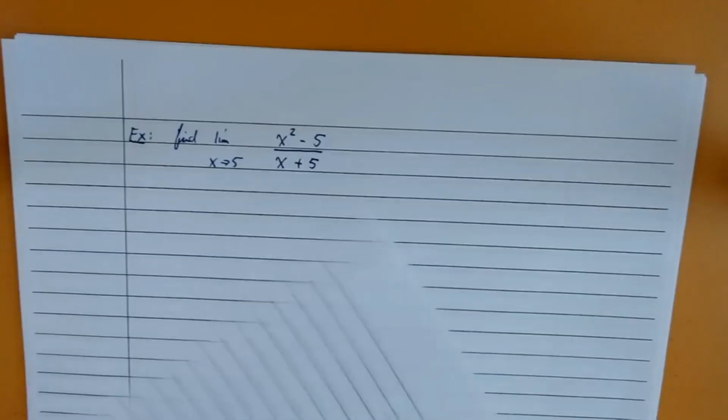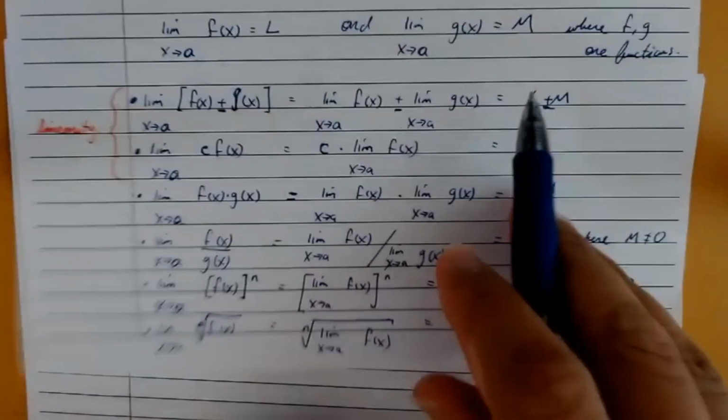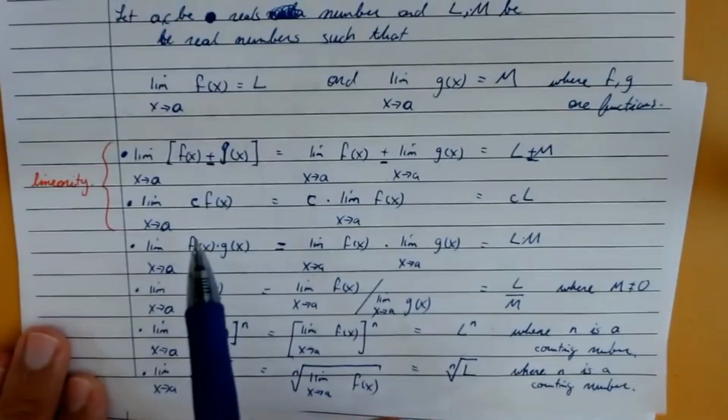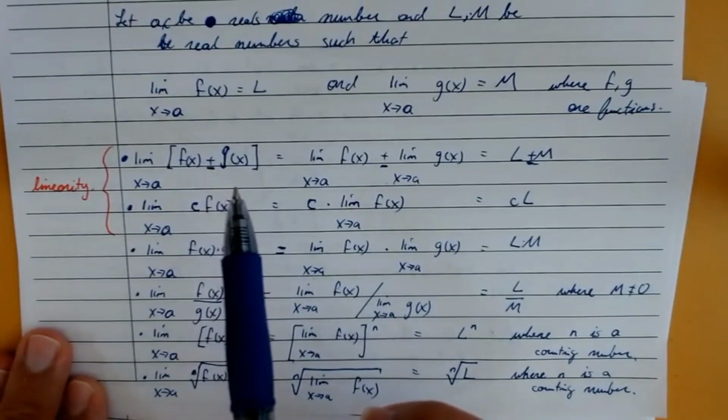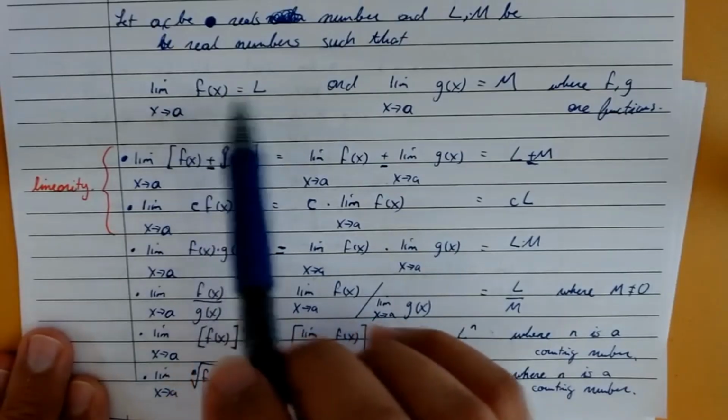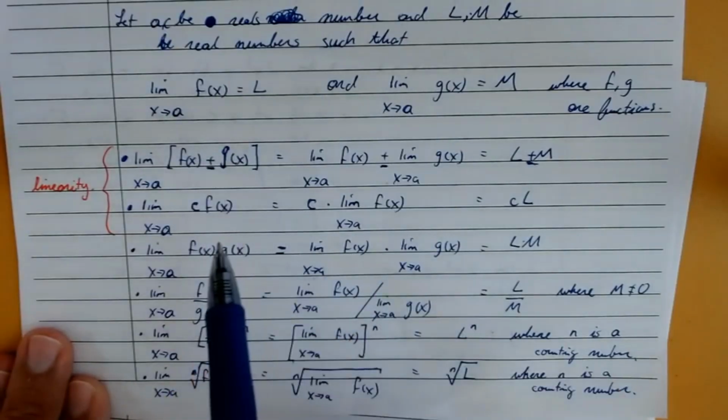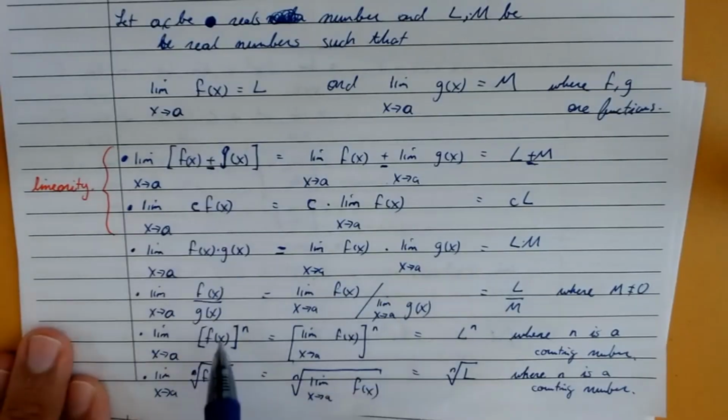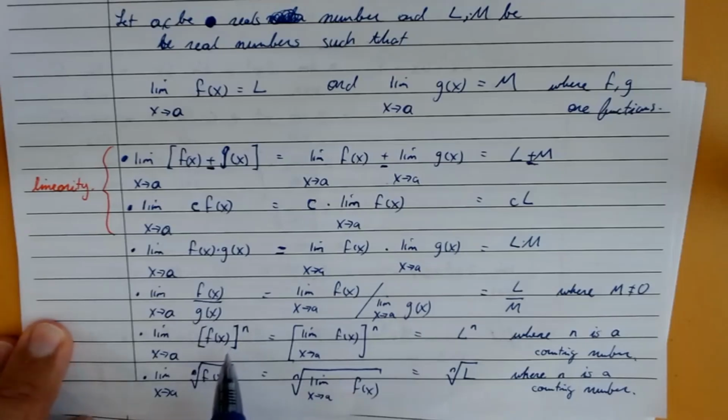However, this first list of properties right here, this big list of properties, doesn't require any specific kind of function. It just says a function. Okay, so we can try these with any kind of function. Now, it doesn't mean we're going to be successful, but we can try it. All right, so let's take the limit as x approaches a of f of x over g of x. So after all, that's what we have right here.